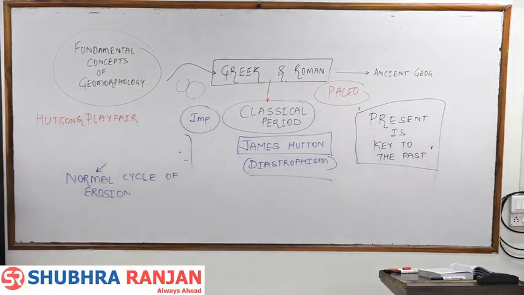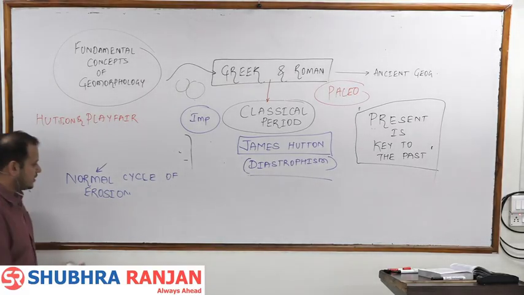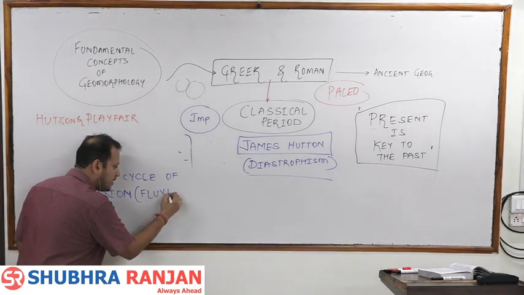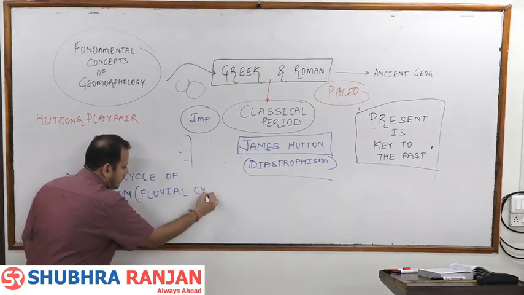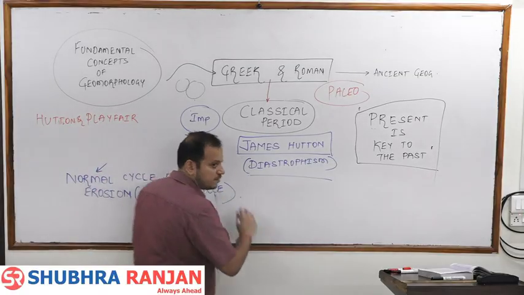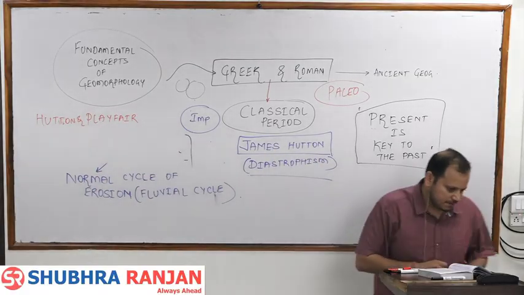Normal cycle of erosion, Davisian concept, it is based on glacier, river, wind. किसके ऊपर? On the river. He challenged the concept of normal cycle of erosion. So I will write उसका another name, fluvial cycle. Fluvial means made by the rivers.